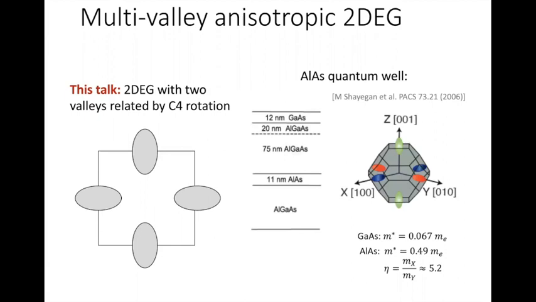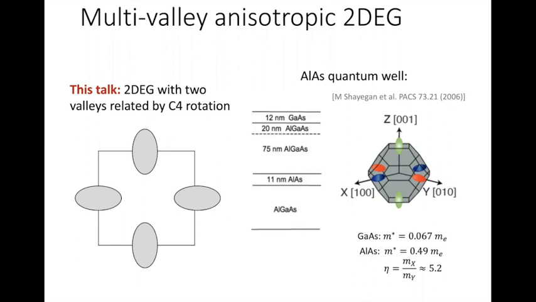And luckily, there's a beautiful realization of this kind of model. This is an aluminum arsenide quantum well, which can be made extremely clean. Competitive, but maybe not quite up to the standard of gallium arsenide quantum wells, but still very clean. This was developed by Mansour Shayegan's group.